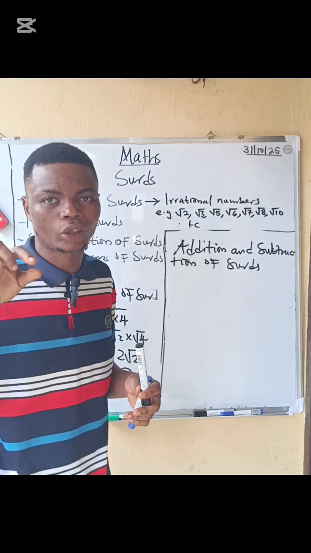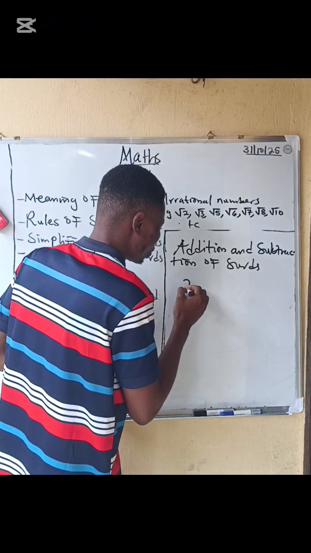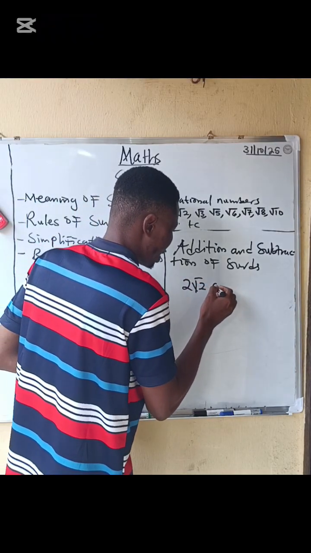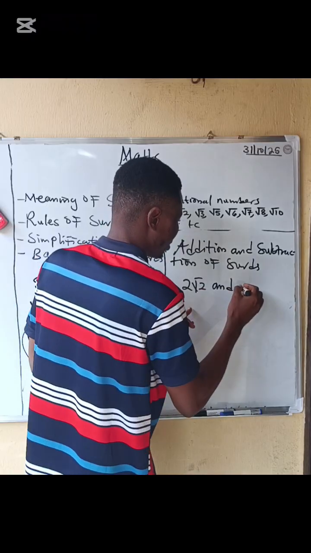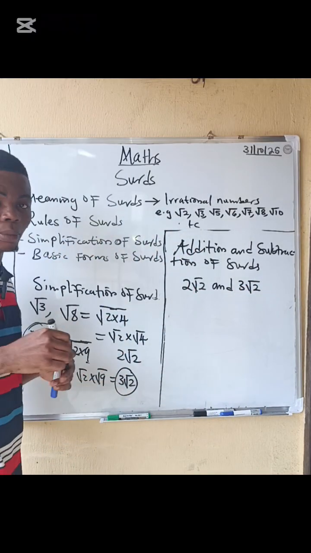There is what we call similar surds. For example, take for instance, you have 2 root 2 and 3 root 2. This is what we mean by similar surds.